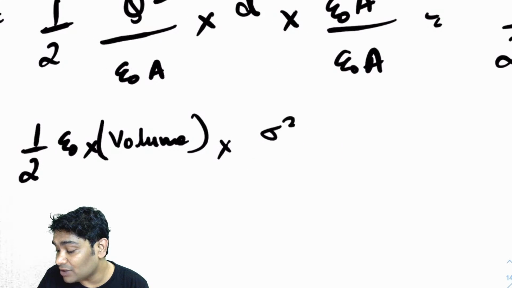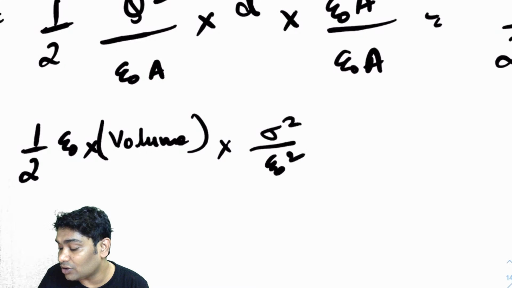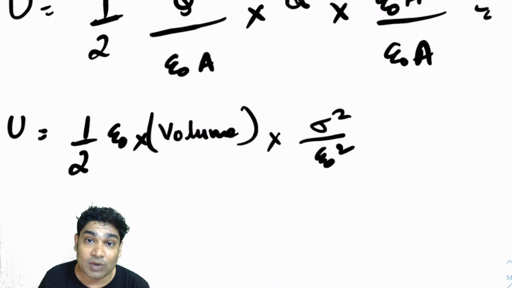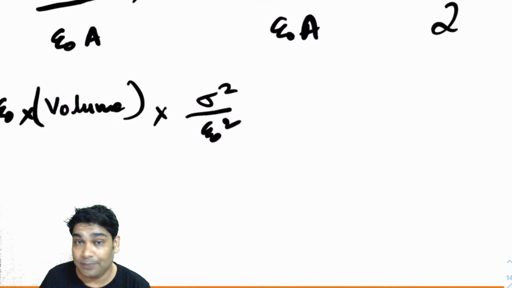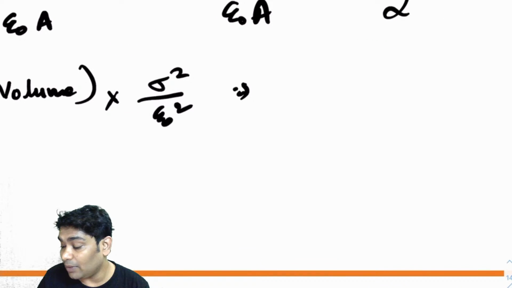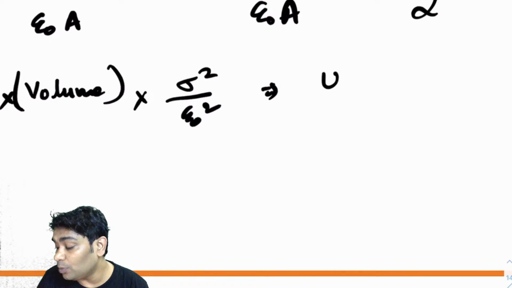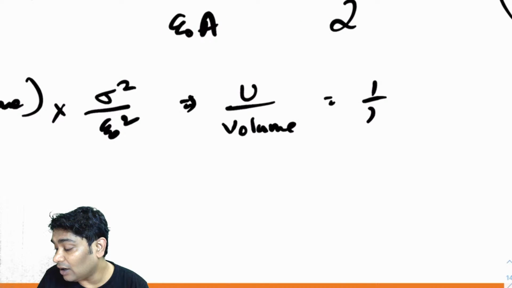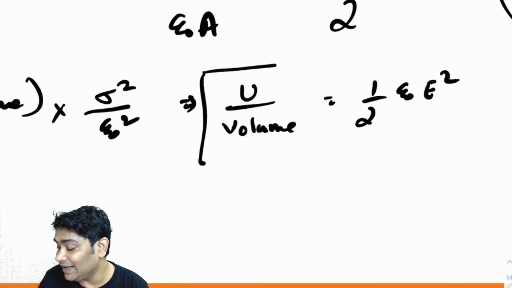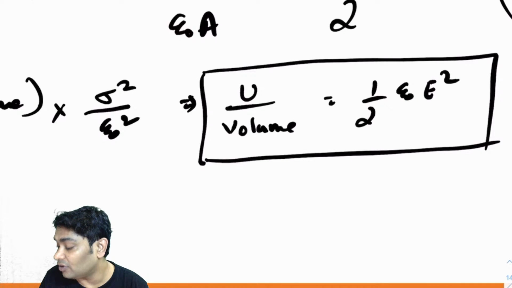Into this will come sigma square over epsilon naught square, and I can replace sigma square over epsilon naught square by E square. So if I take my volume to the other side, U per unit volume becomes half epsilon naught E square. That is the expression that I was looking for.